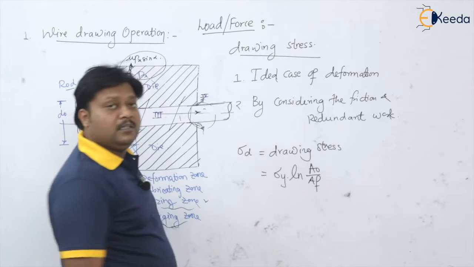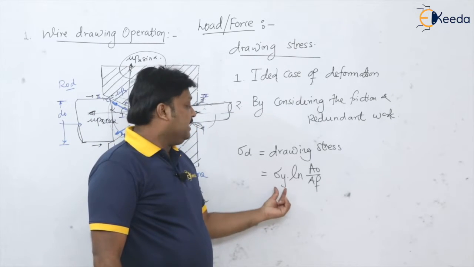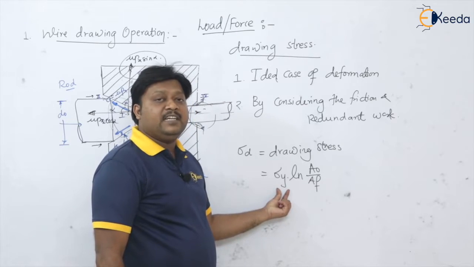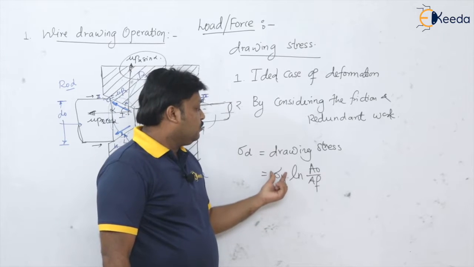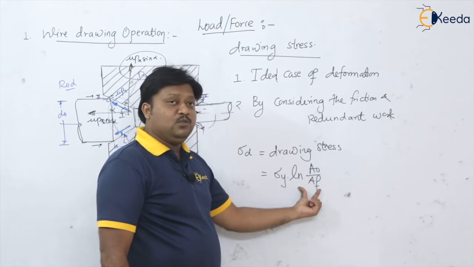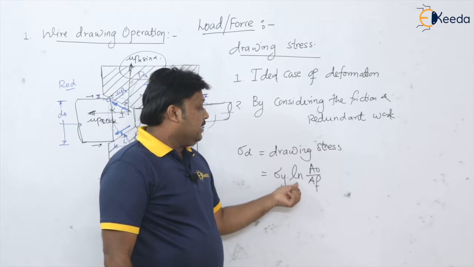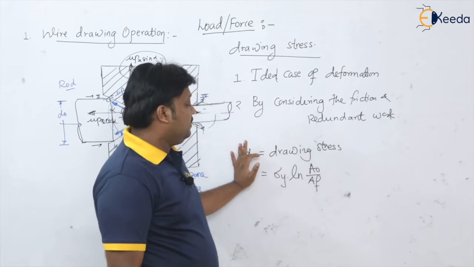Please remember, sigma y is the yield strength of the material when there is no kind of strain hardening going to occur in the material during the working. So directly you can take the yield strength of the material into the strain induced in the material, that is natural log of A original by A final.